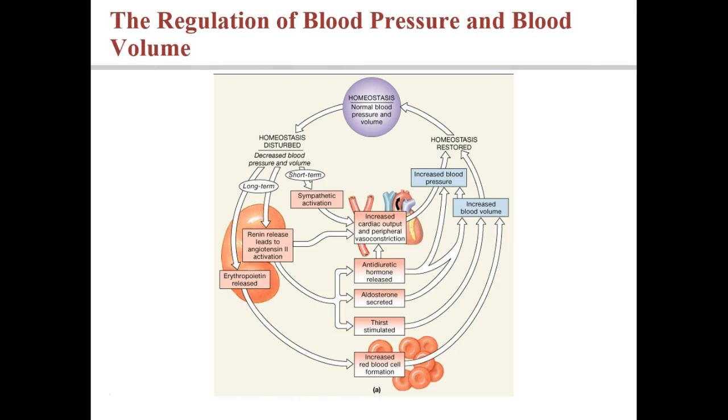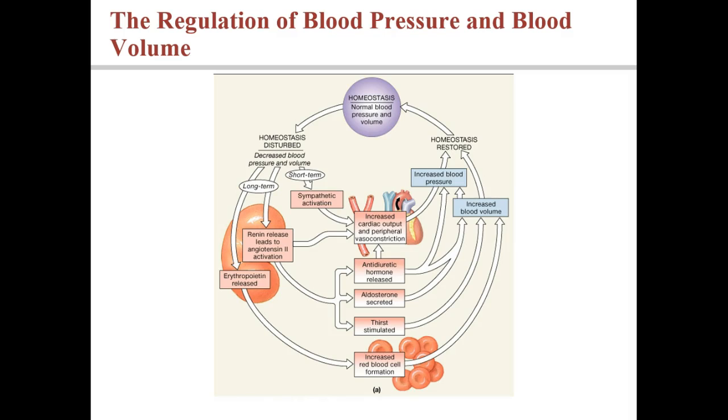And then here's the last one, blood pressure and blood volume with regard to these. And again, I'm not telling you you have to use these. I just think that they put all the information in one image that you can then repeatedly go through and say in your head, okay, if in fact there's a decrease in blood pressure or volume, short term you're going to have this sympathetic activation of increased cardiac output and peripheral vasoconstriction.